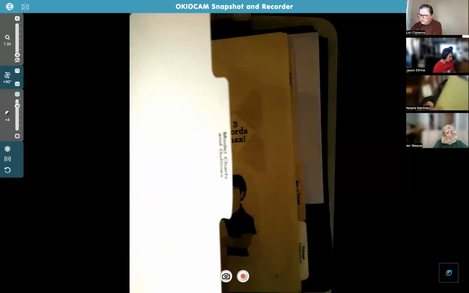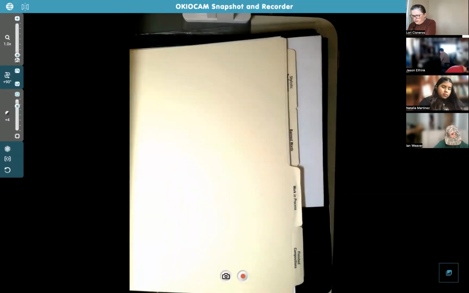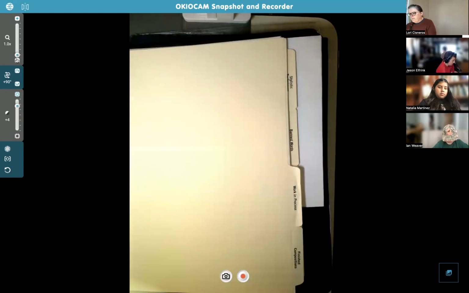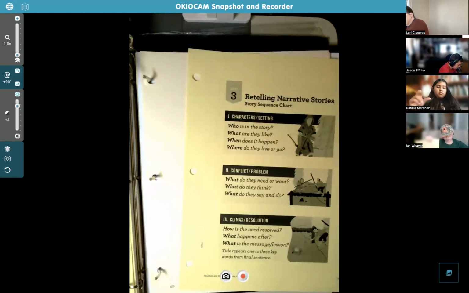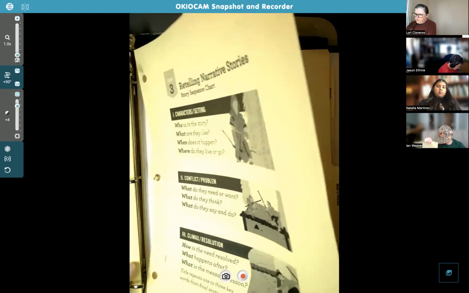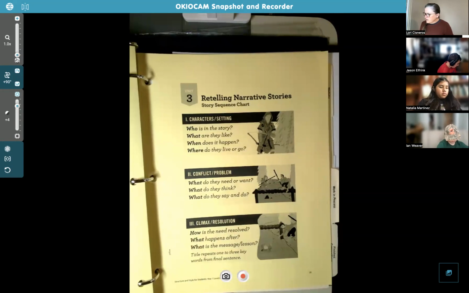They're all yellow. So turn to the back of all those that you have there and then stick this one in there. For the back of all of them? The back of all of them, yep, behind model charts and outlines. Stick it in the back of those.